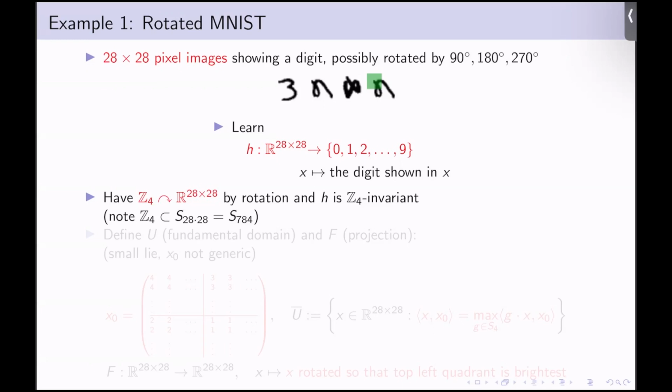One thing to note is that it's nice that Z4 acts on these 28 by 28 images, but for our scheme, it's kind of important to think of Z4 as a subgroup of the full permutation group of all pixels, so as a subgroup of S784.